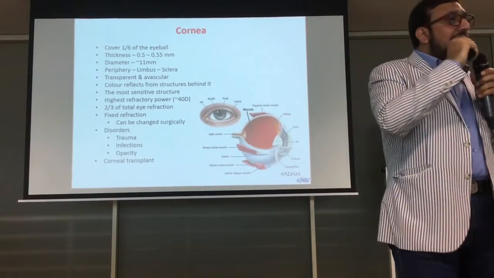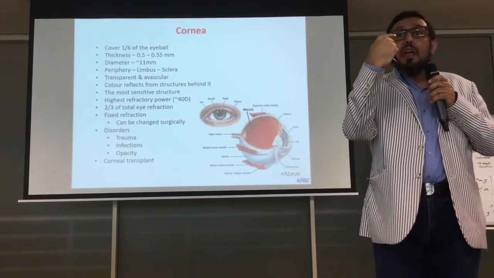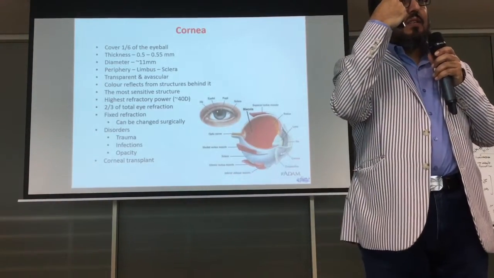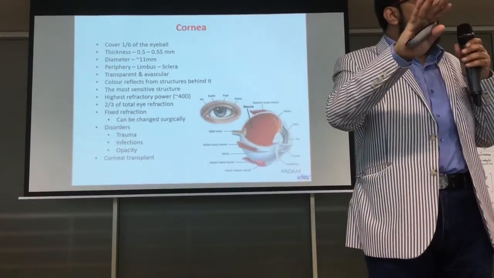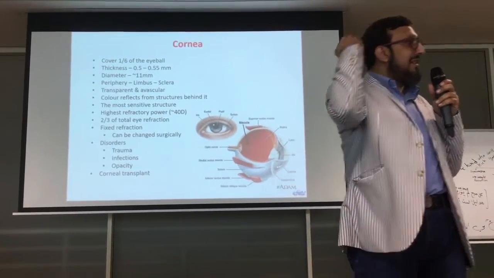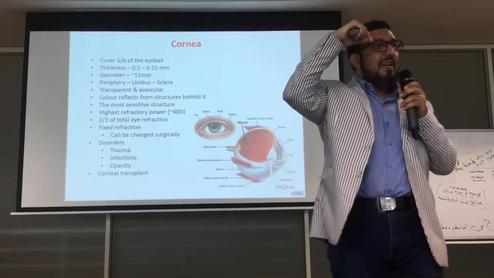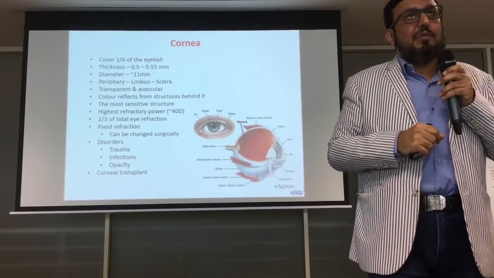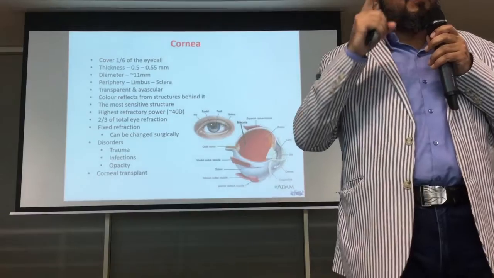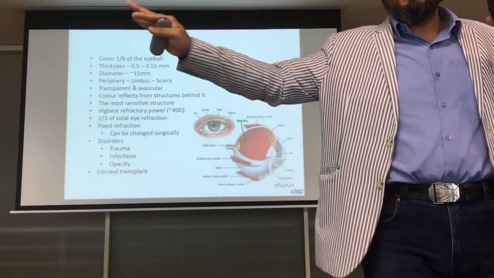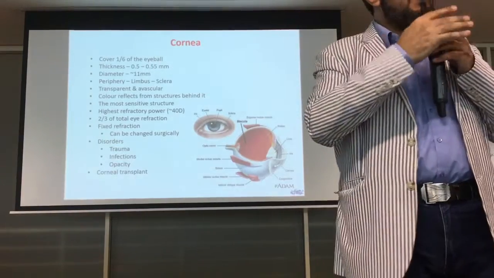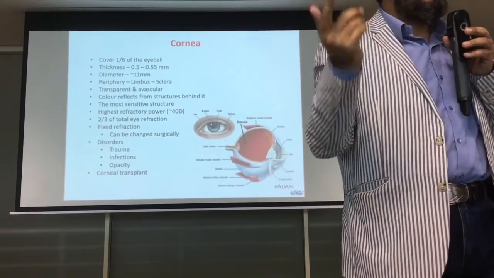Okay? The second important thing is at what angle the light is falling. If the light is falling straight, then there will be no refraction, the light will pass straight. But if it is passing obliquely, then the refraction will be there. So if your cornea is flat, there will be no refraction. But if it is convex, there will be refraction.